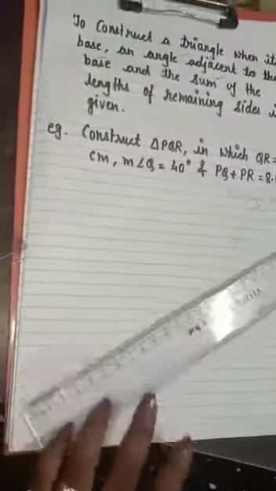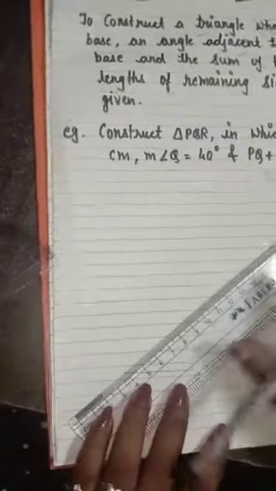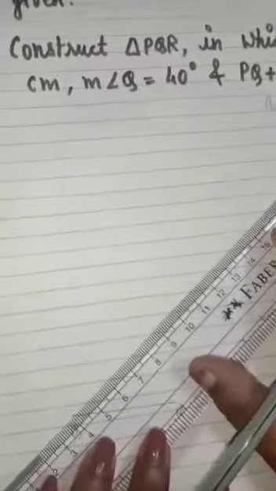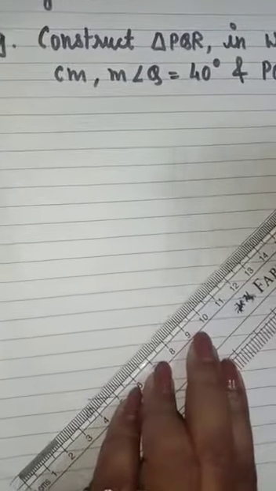Okay. Now what I am going to do, I will join point Q and the point where we have marked it. Okay. This is 4.2 centimeter. This one is 40 degree.